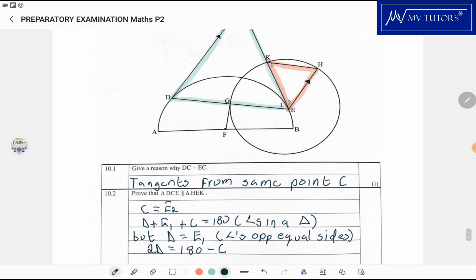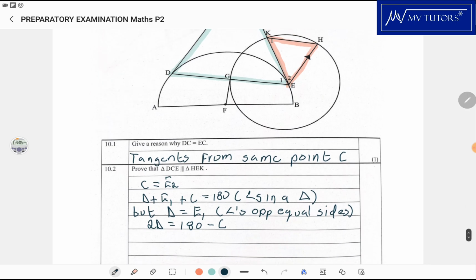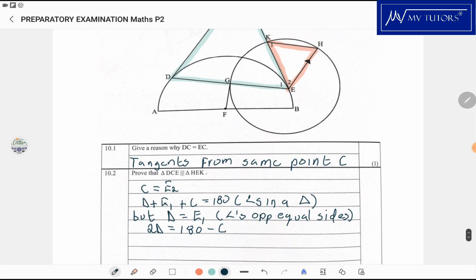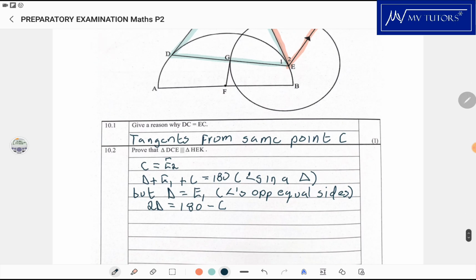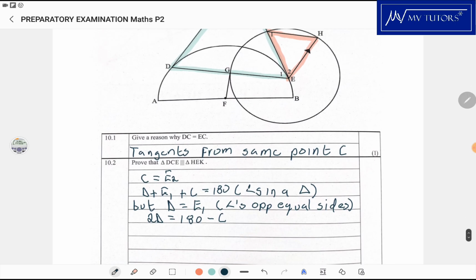Do you see that I've also got red eyes there? EH and EK are both red eyes, which means there's a relationship between K1 and H. They are the same, and when I add up all these, they make 180.